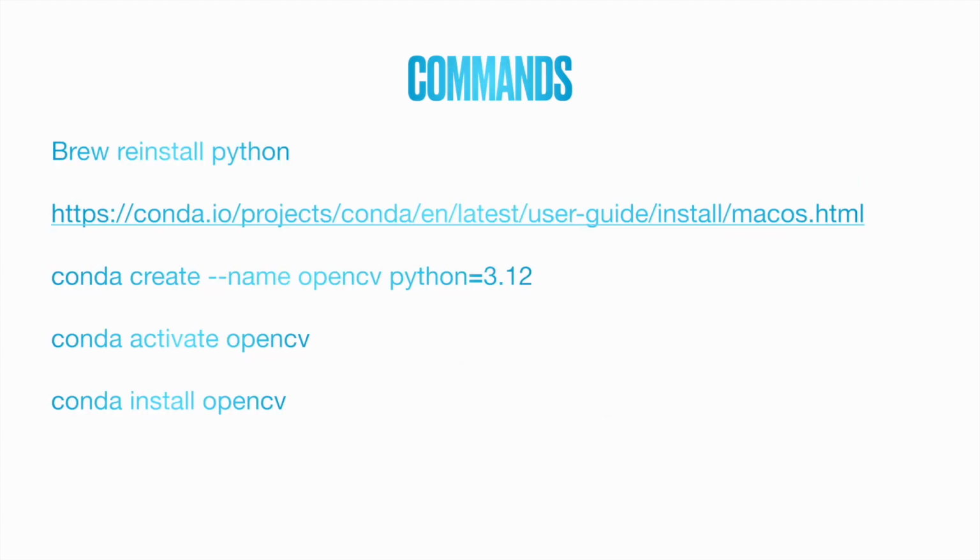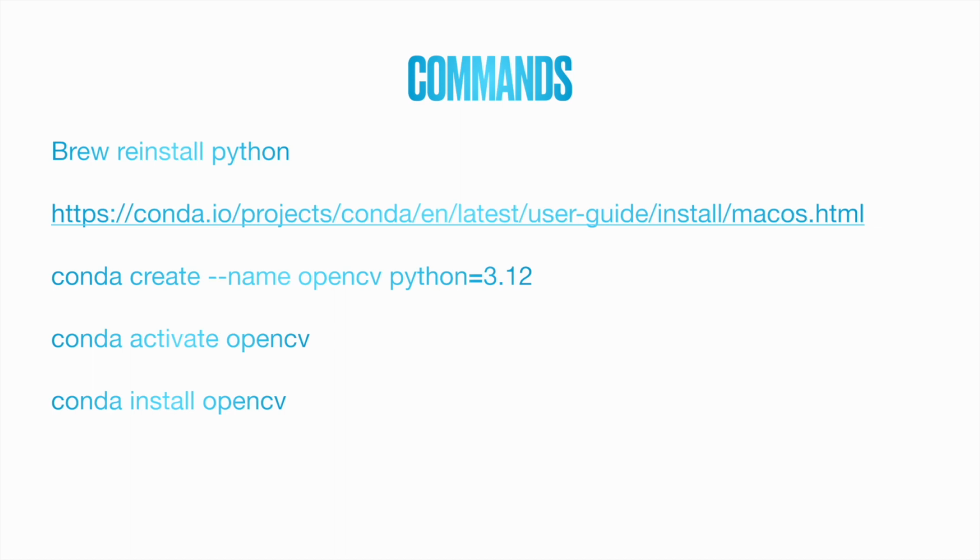So these are the commands. First we need to get Python. I am using a reinstall because I already have it. You can just do a brew install python if you are using Homebrew. Then you can go to this particular website to get all the conda related steps to get a Python environment for the OpenCV libraries.